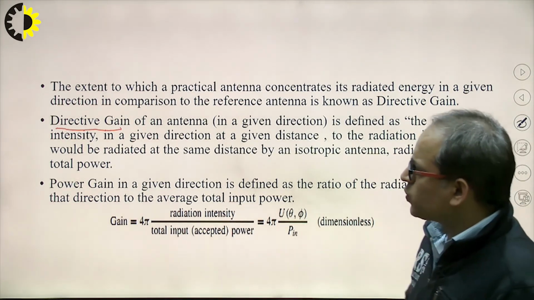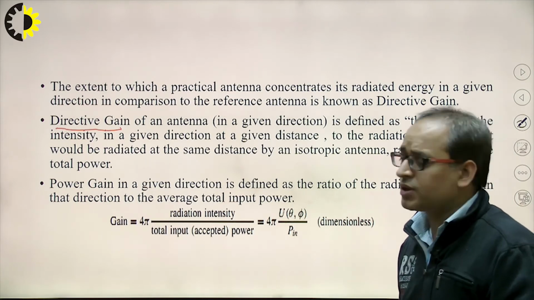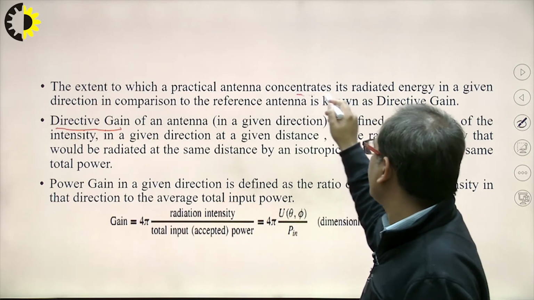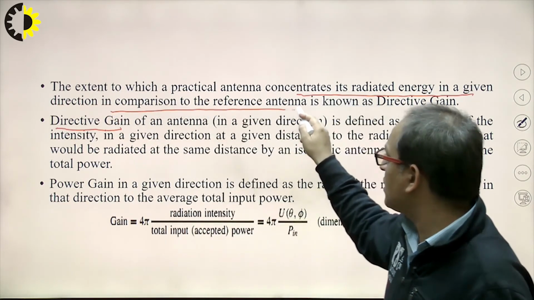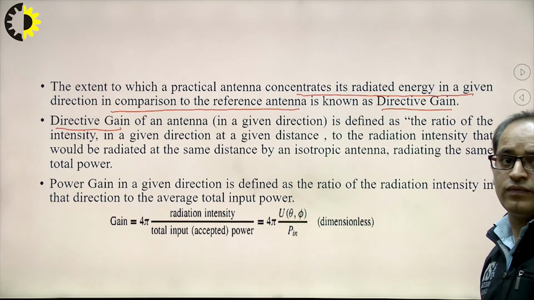So what is directive gain? If I talk in terms of direction, the extent to which a practical antenna concentrates its radiated energy in a given direction in comparison to the reference antenna is known as the directive gain.